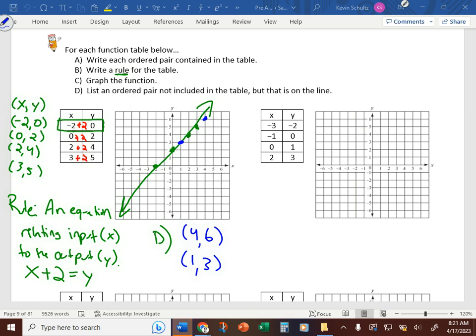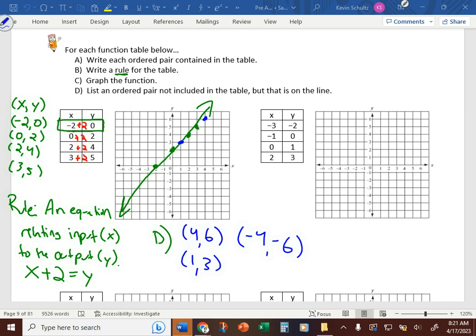Others? Lennon. -4, -6. Does it follow the rule? -4 plus 2 equals -6? -4 minus 2 is -6. -4 plus 2 is -2.